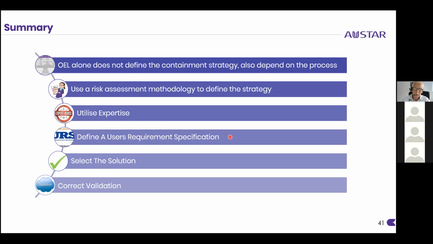That URS can then be used right at the very end where we are validating, and we can confirm those design criteria at the DQ, at the IQ, at the OQ, at the PQ. So where we started right at the very beginning, we are ensuring that's what we get right at the very end of the project. With having that, we can select the solution, and we must have correct validation at the end of the project.